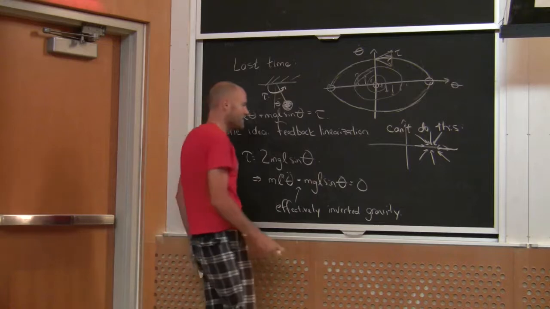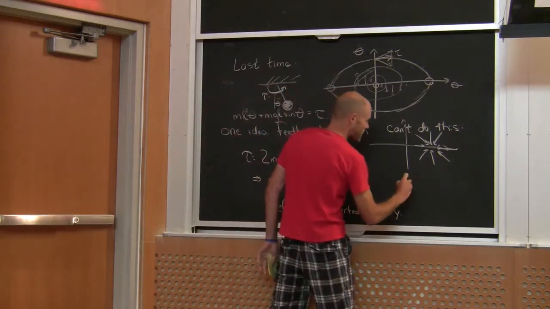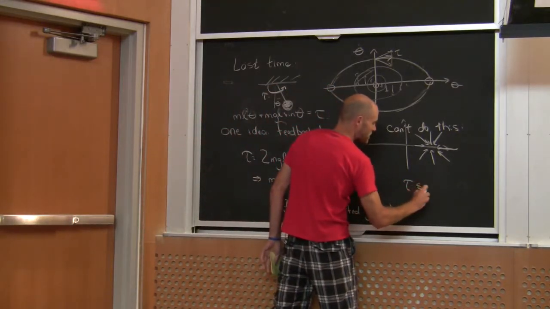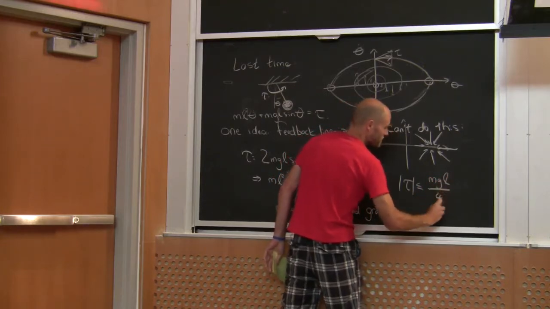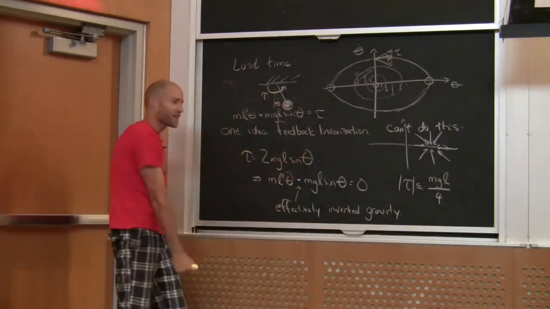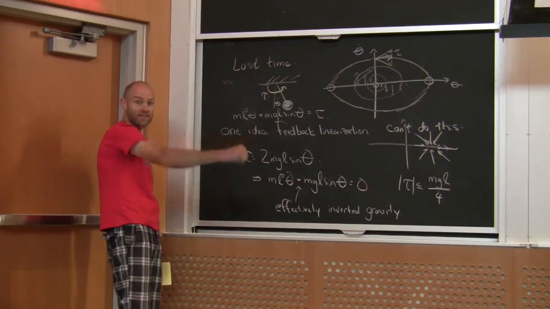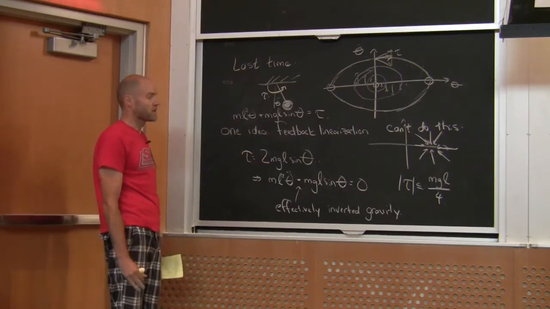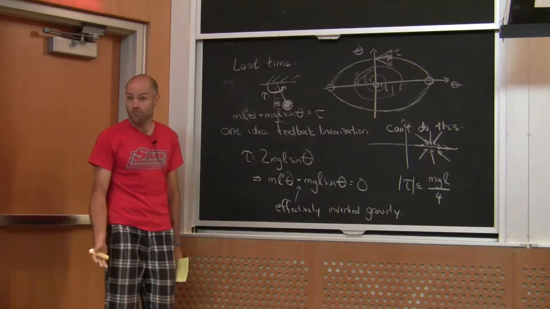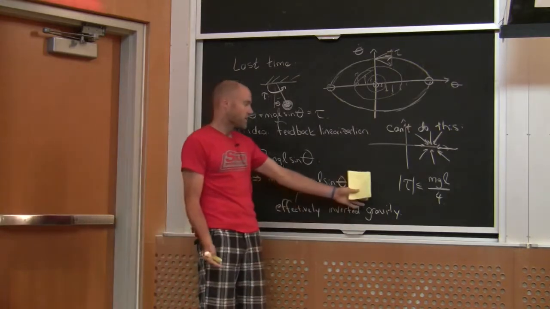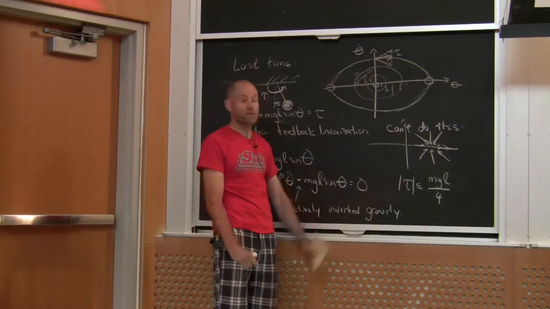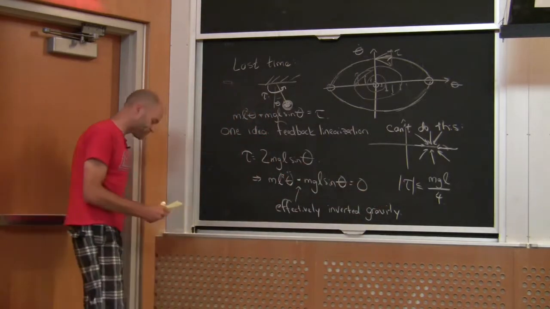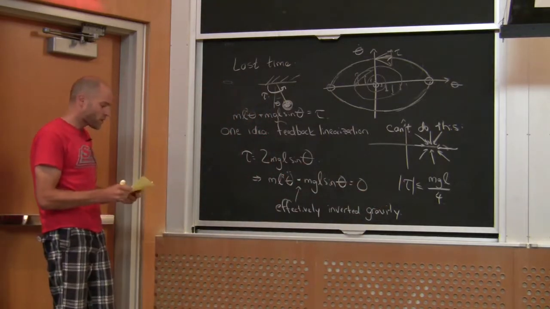So what if I put an additional constraint saying that tau has to be less than or equal to mgl over 4 or something? You can't hold yourself at full extension for a long time. Then the problem suddenly gets a lot harder. And in the language of the class, once we've put that torque constraint and I can't apply an arbitrary torque, then that's now become underactuated. Okay, so it turns out.